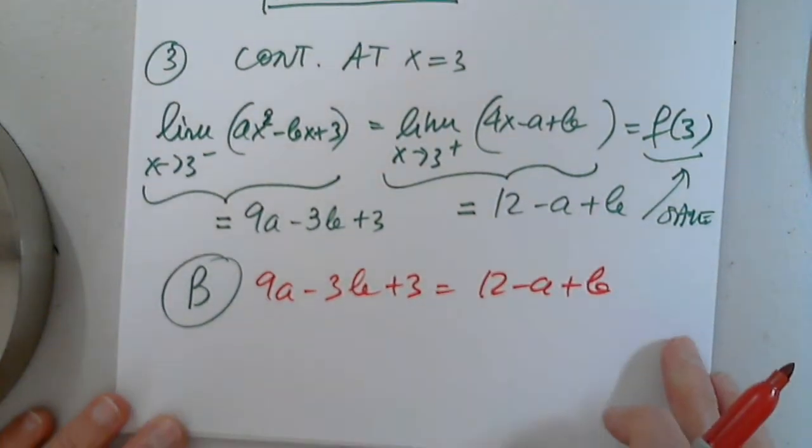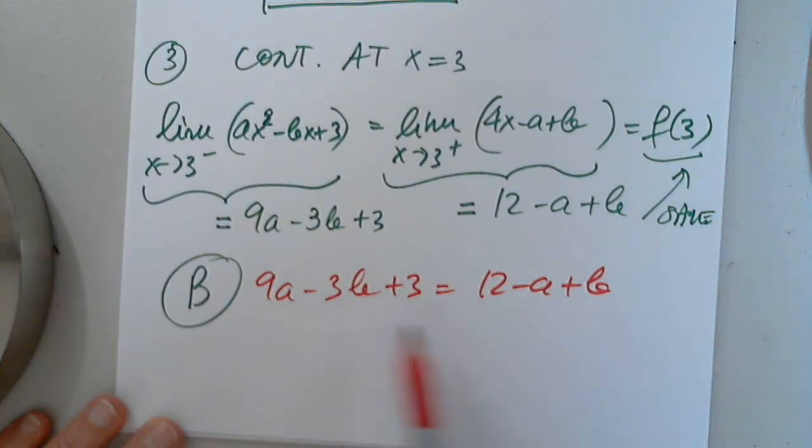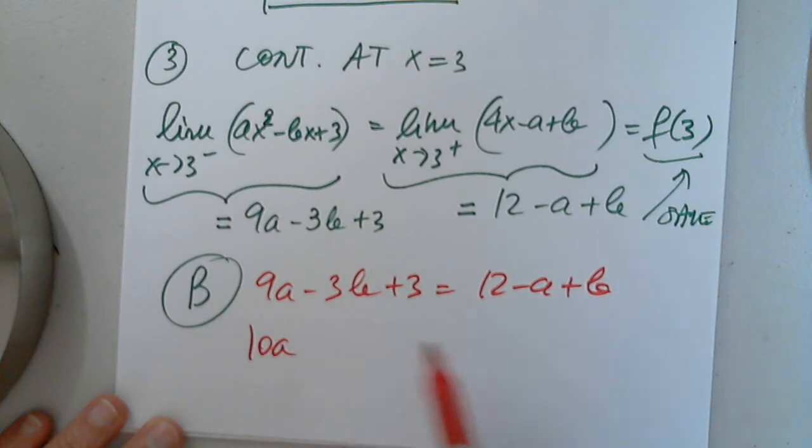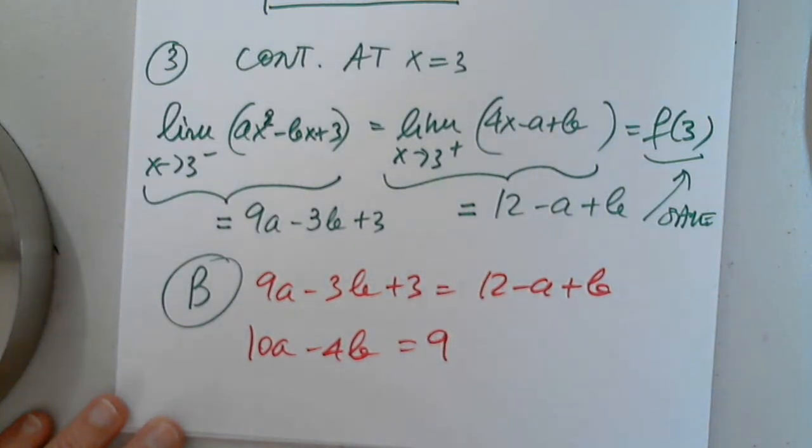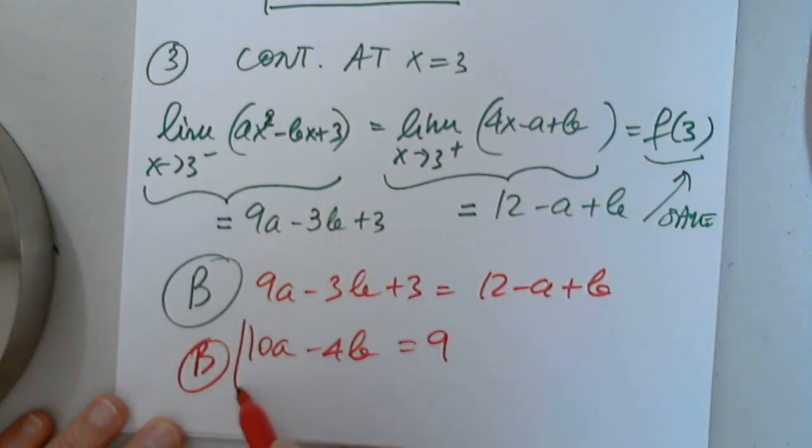We have to clean it up. So I'll bring an a here, so I have 10a. I will have to bring a b here. It was positive, now it's negative. And I will have to move 3 to the other side. It was positive, now it's negative. So this is our equation b.